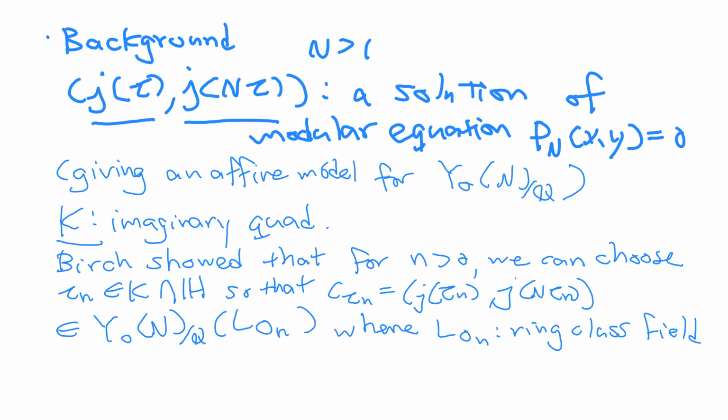So this point, which he calls a Heegner point, is defined over this field, and he named it after Heegner for some philosophical reason, that it's defined over an unexpectedly small class field extension or something like that.